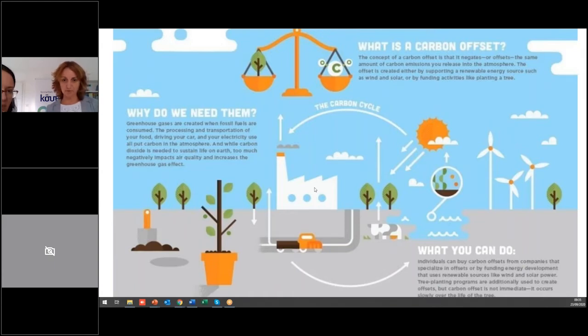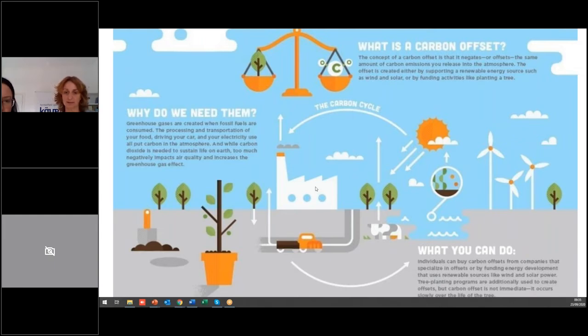Here is just an infographic about what carbon offset means and why we need it. We know it well from the carbon cycle and from the economy that GHG emissions are rising very rapidly, and with all the reductions, they cannot be neutralized.